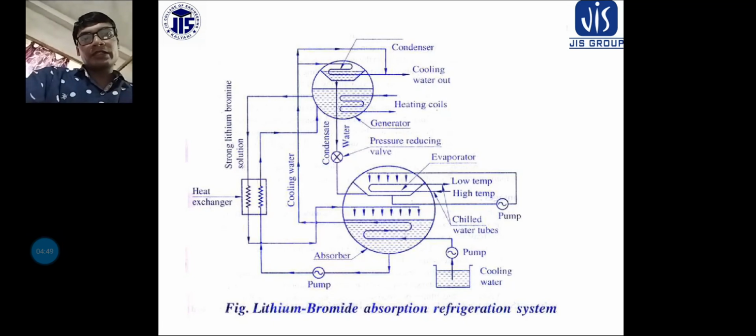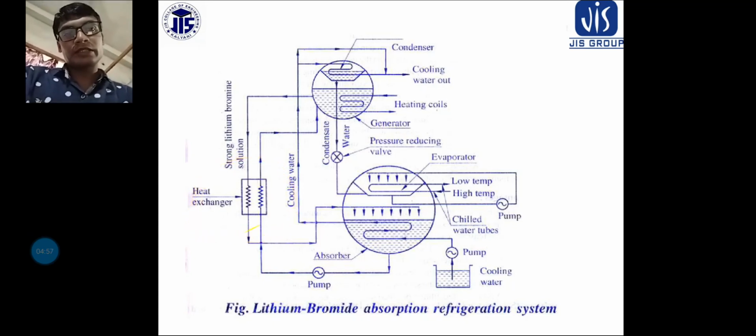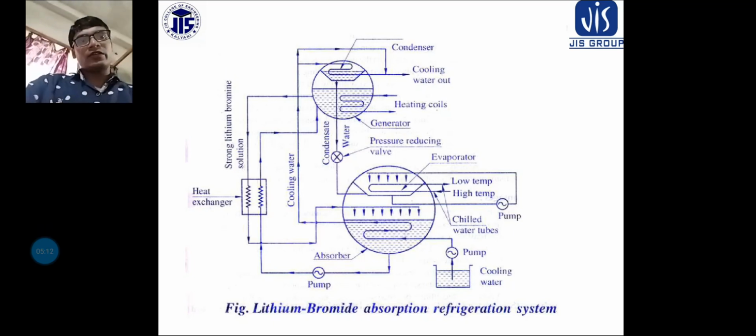In the heat exchanger some heat is taken from the weak solution, and the strong lithium bromide solution is placed in the generator. In the generator a heating coil is placed.